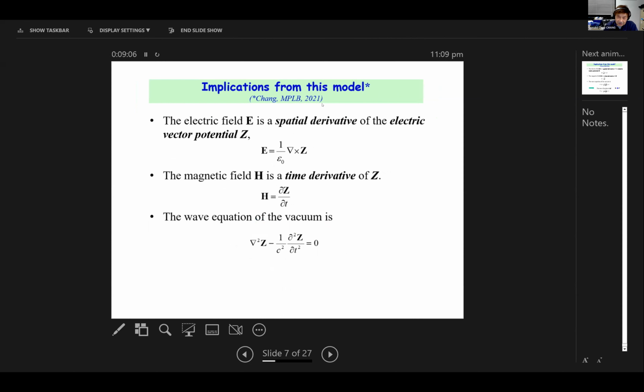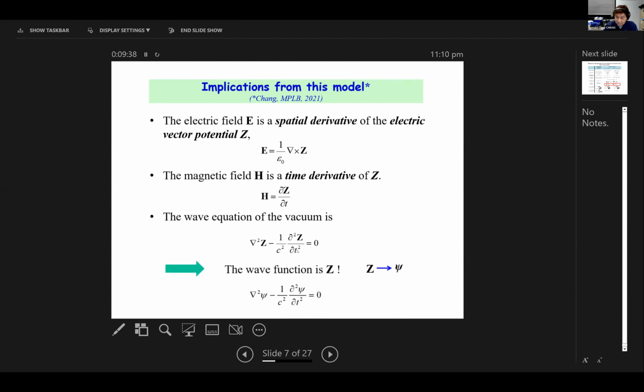Once we do that, we can go back to the original Maxwell theory, and it can be shown very easily that the electric field is a spatial derivative of the electric vector potential C, and the magnetic field is just a time derivative of the electric vector potential C. Also, using some manipulation based on Maxwell theory, one can derive the wave equation of the vacuum, which is like that.